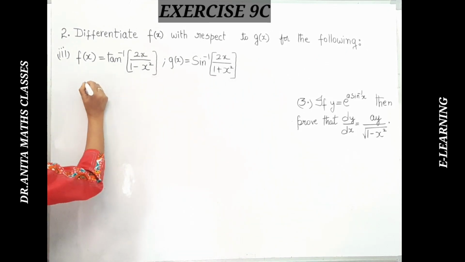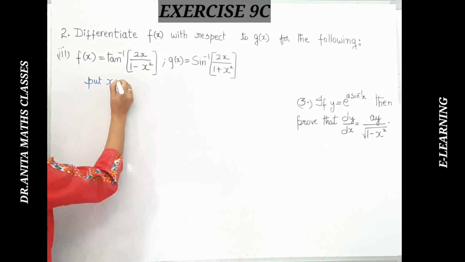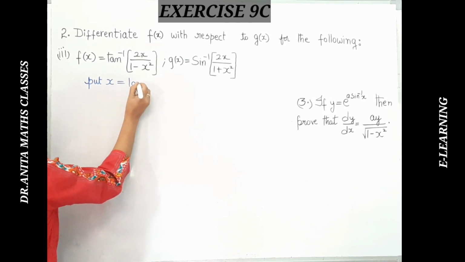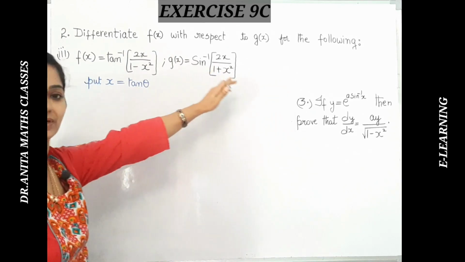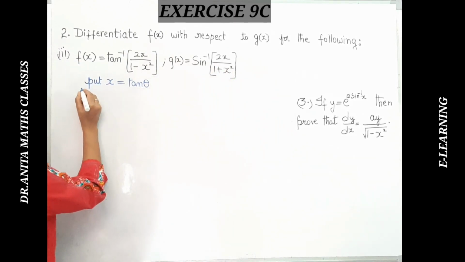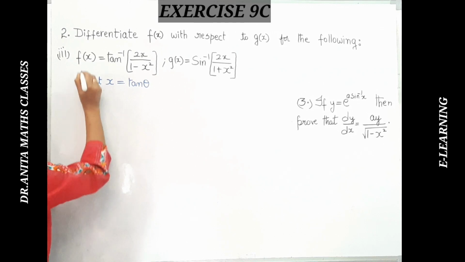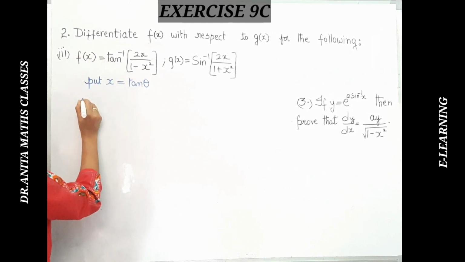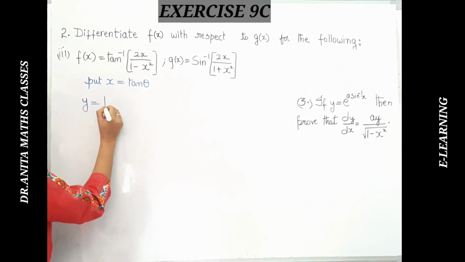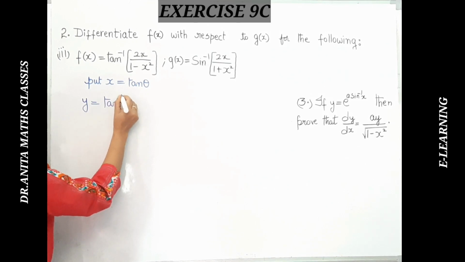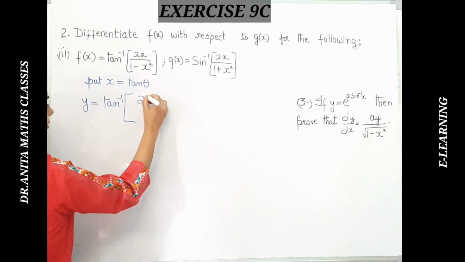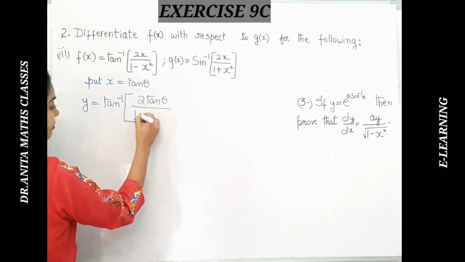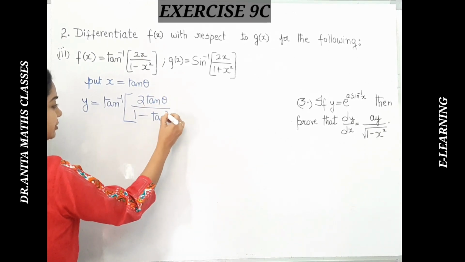Let me suppose that we will be keeping x as tan theta. Put x as tan theta in both the functions, in f of x as well as in g of x. Now let us start here. I'll suppose this function as y, so y equal to tan inverse of 2 tan theta divided by 1 minus tan square theta.